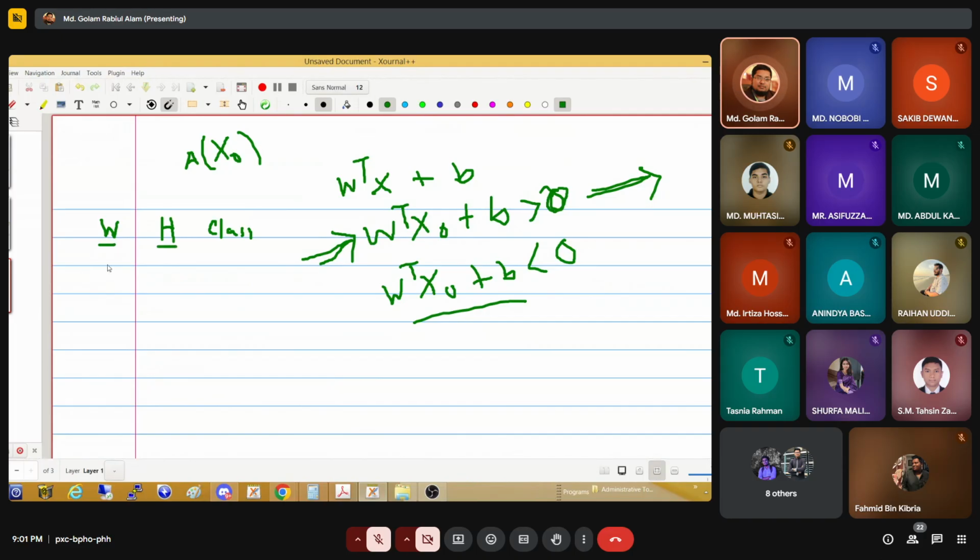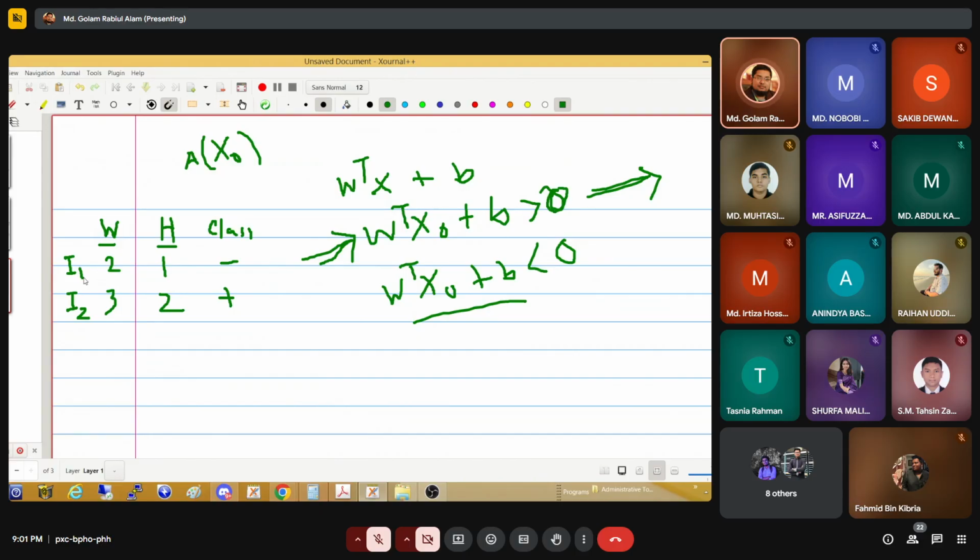For the first instance, maybe width is 2, height is 1, and the class label is negative. Then instance number 2 is 3 and 2, and the class label is positive. This is instance 1, or individual 1, and this is the data for individual 2.